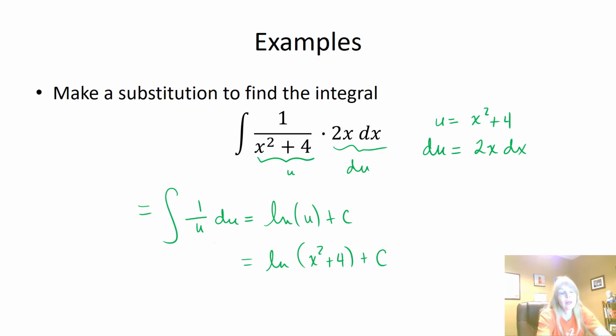Look at this: the derivative of ln of anything is 1 over the anything times the derivative of the inside. What this substitution does is allow us to make a hard antiderivative better and easier to find, and then just don't forget to substitute back. We'll continue on with more examples in my next video.